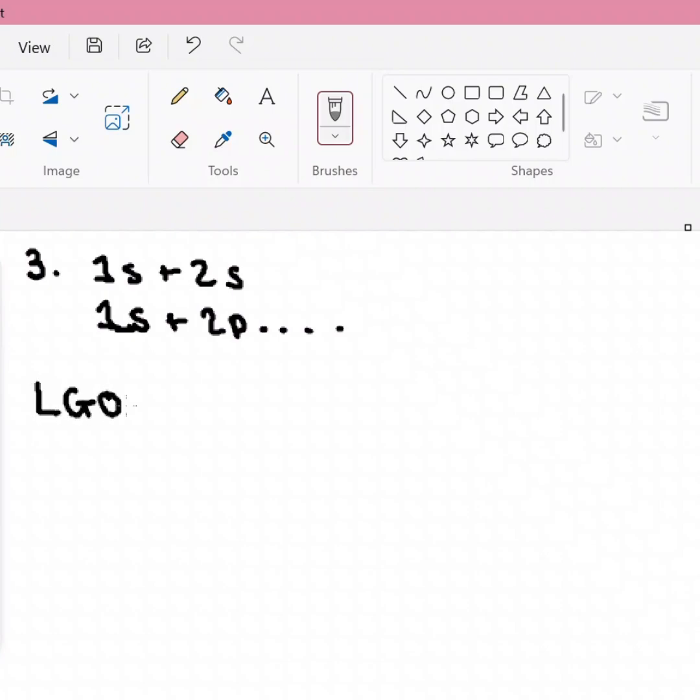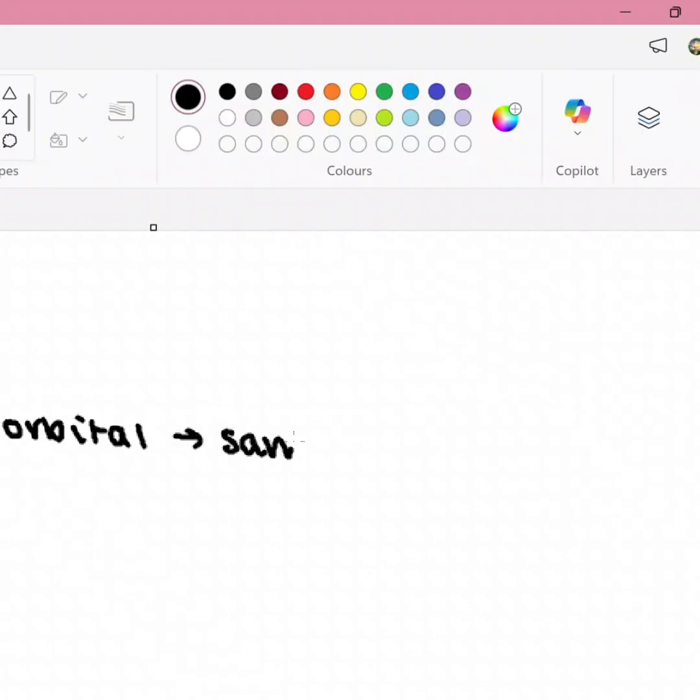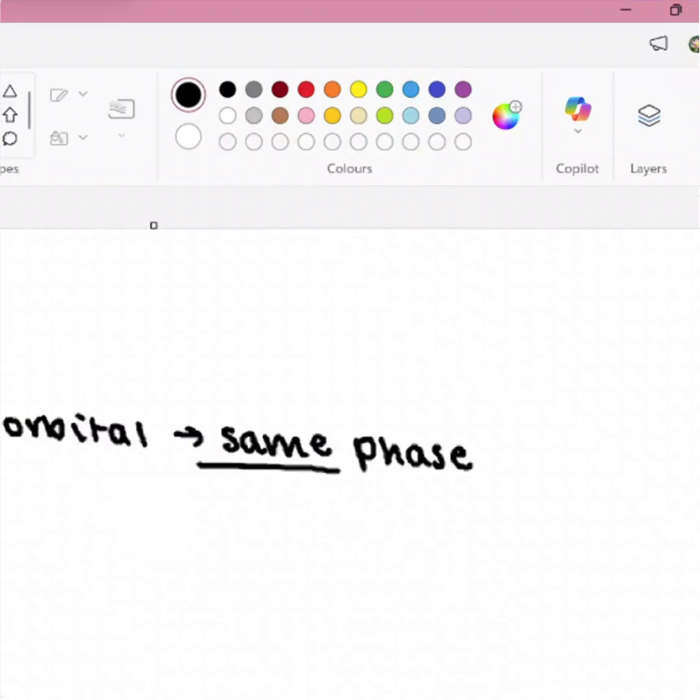First, let's consider LGO1. This is when the ligand group orbitals are in the same phase. In this case, the ligand group orbitals are the two hydrogen 1s orbitals. Because beryllium hydride is linear, our atomic orbitals will overlap linearly.